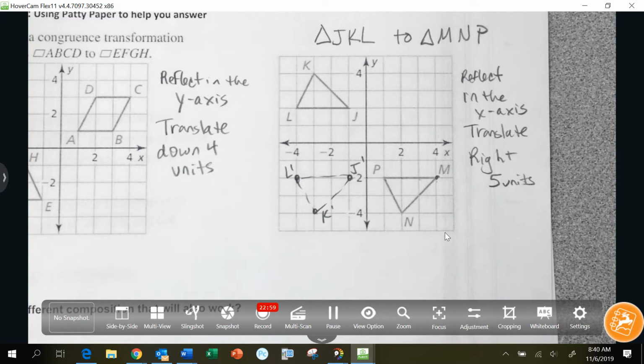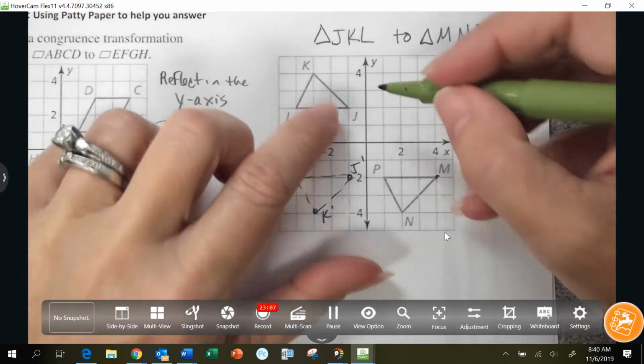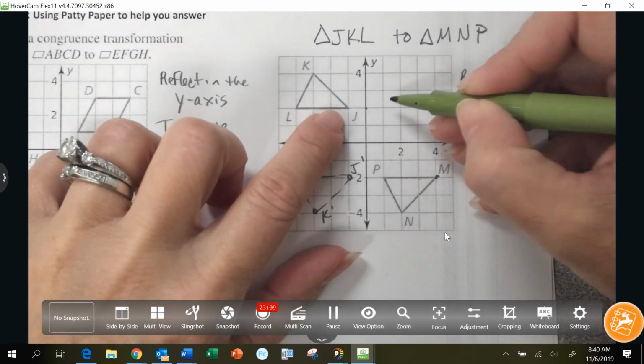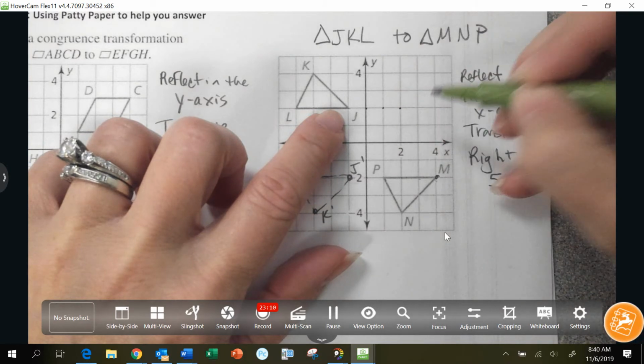That answer works very well. The other answer that I saw, I'll do it in a different color, is some people said to first translate to the right 5.